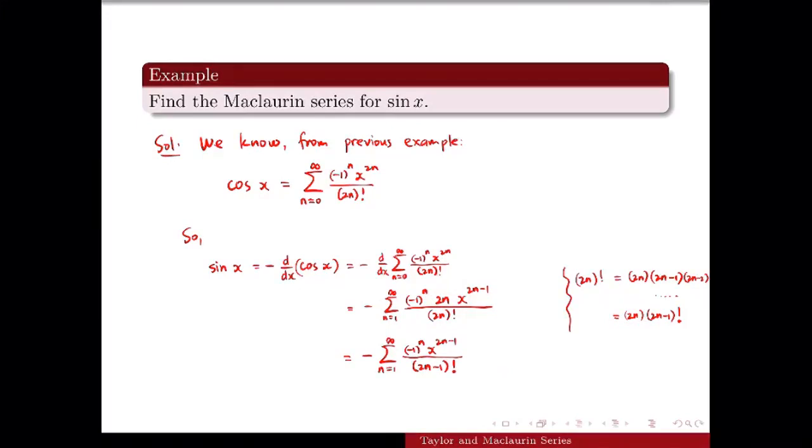And then we can bring that minus inside here. We can bring it here. We will add a power for n. So this will be the sum, and from 1 up to plus infinity, negative 1 raised to n plus 1, x raised to 2n minus 1 over 2n minus 1 factorial.